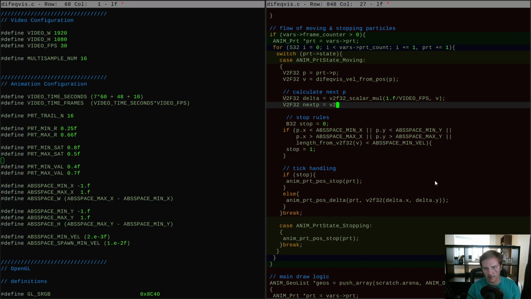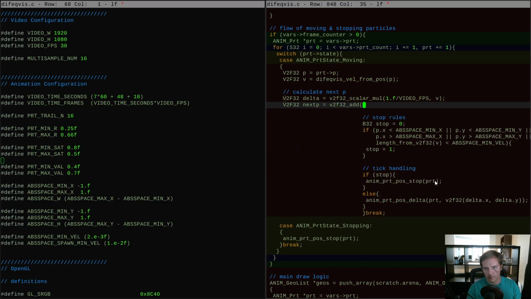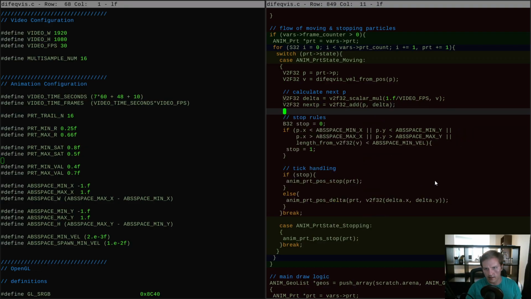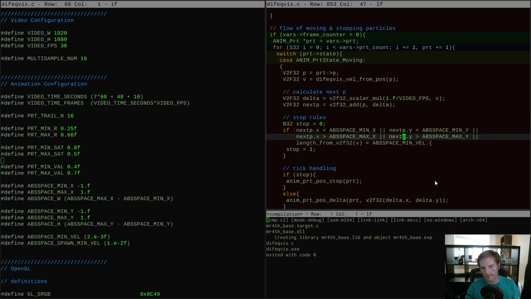Next P is going to be P plus the delta, and we're going to use next P instead of P to decide whether or not to end the particle. All right.